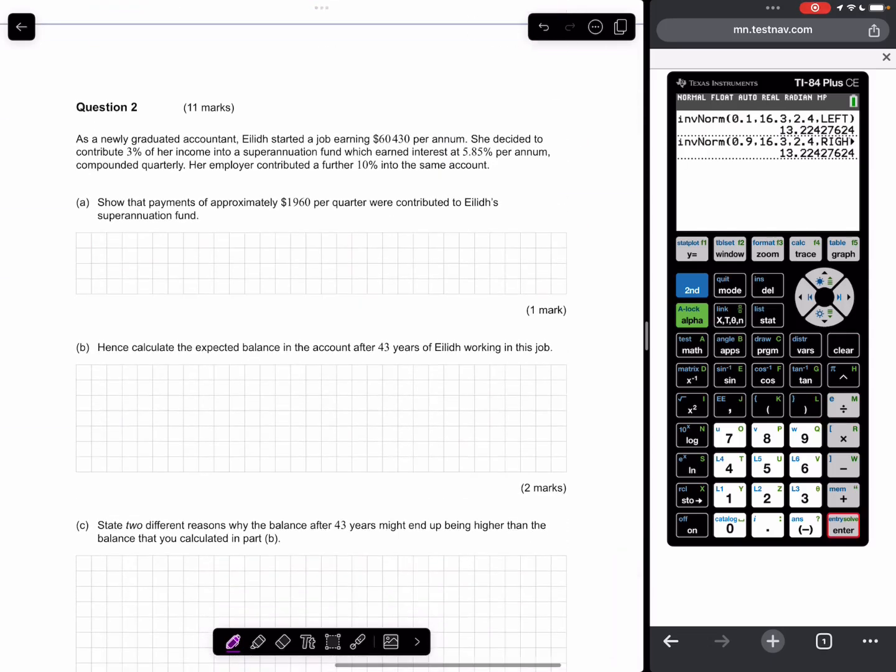Question 2. And here we go with the super woke names. A lead, a newly graduated accountant, started a job earning $64,300 per annum, and decided to contribute 3% of income to an account earning 5.85% per annum, compounding quarterly. The employer contributed 10% into the same account.